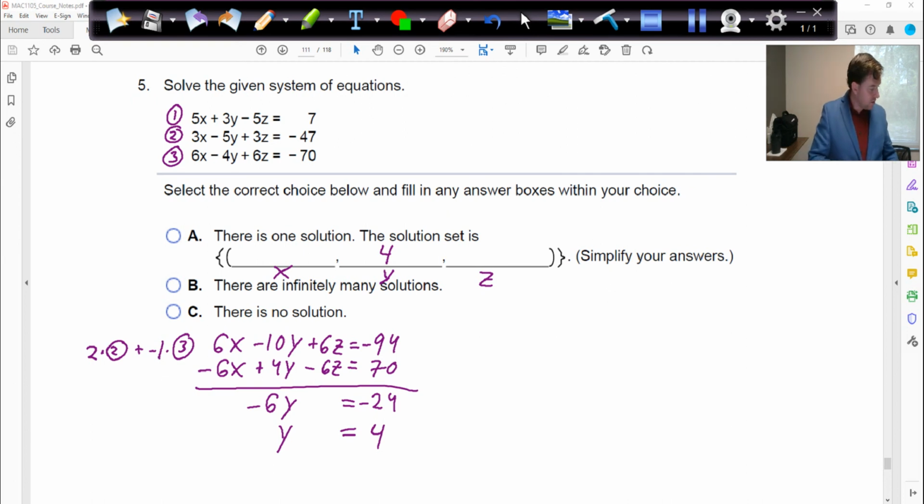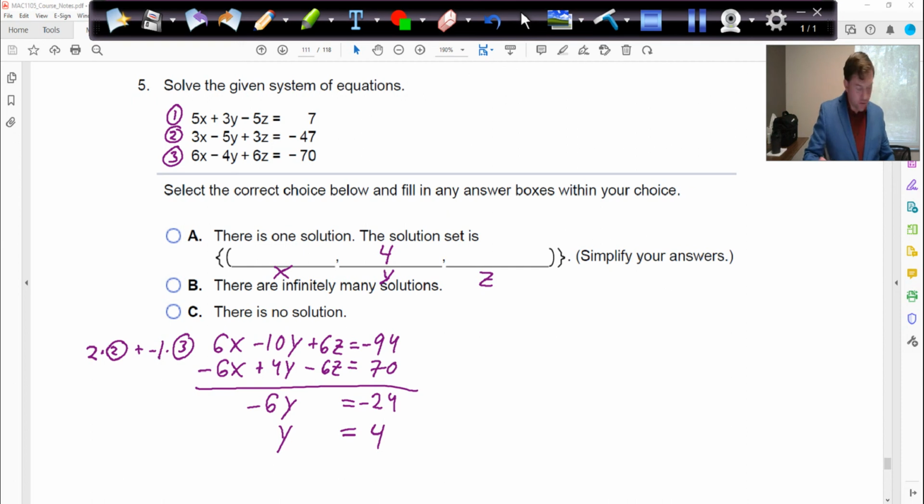Okay, now let's try to eliminate another letter. So we know what y is. So if we can get rid of z or x, we will be able to isolate another letter and it should be easy to solve.